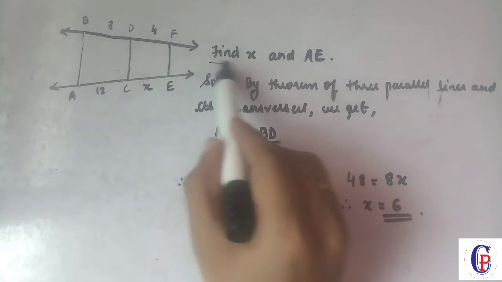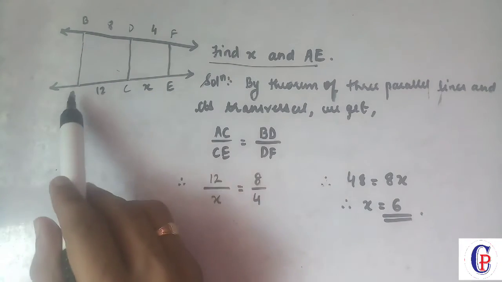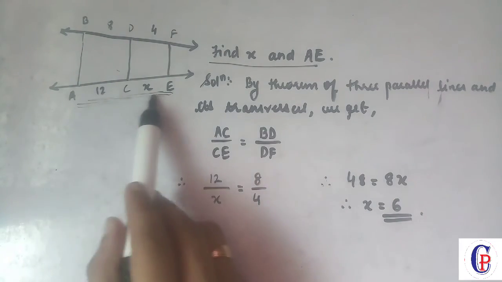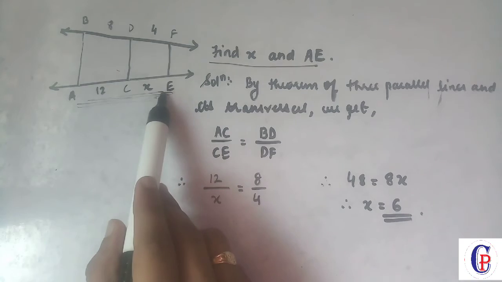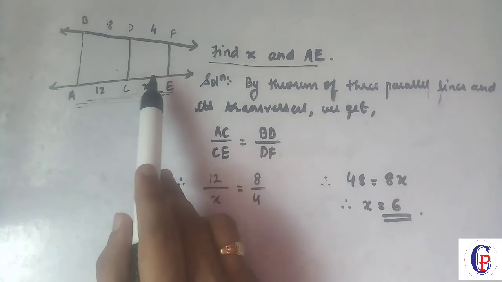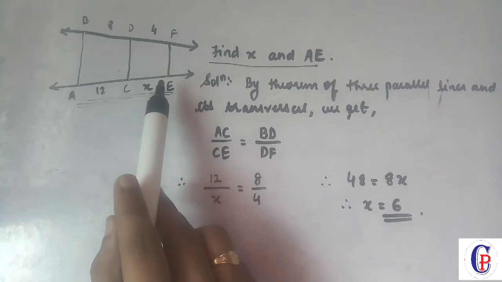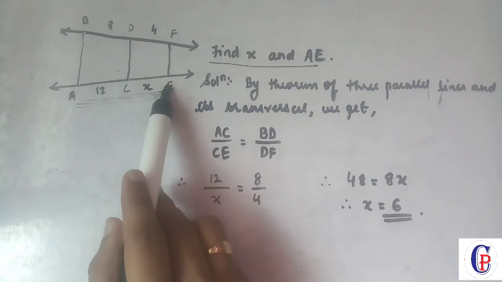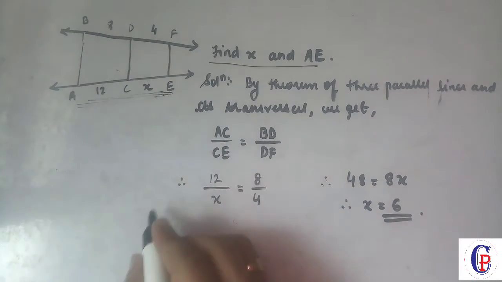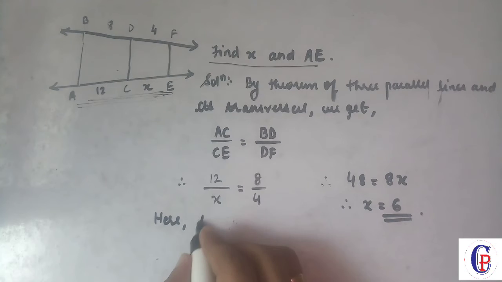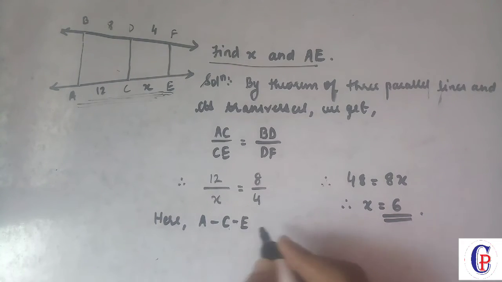So they are asking us to find x and AE. We need to also find this AE. Now you can see that AE is made up of AC and CE. So if you add AC plus CE, you will get AE, here A-C-E.